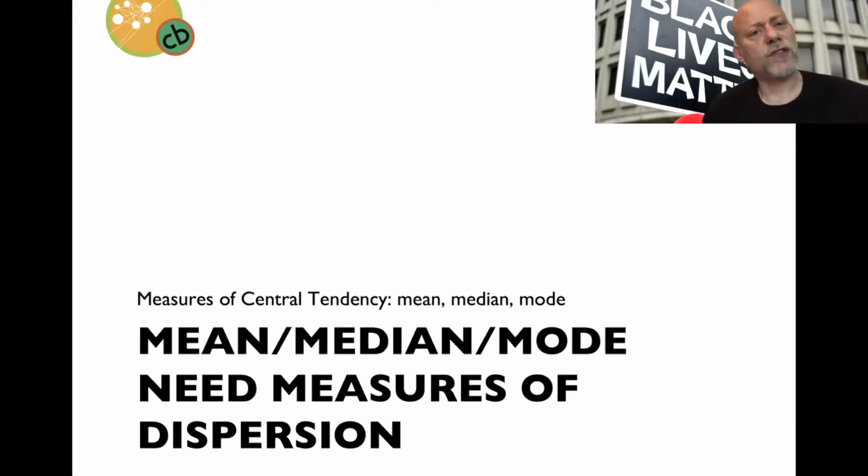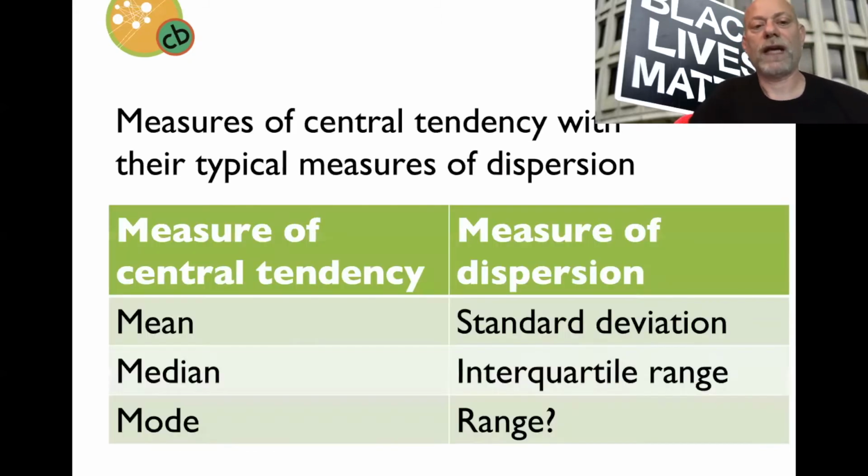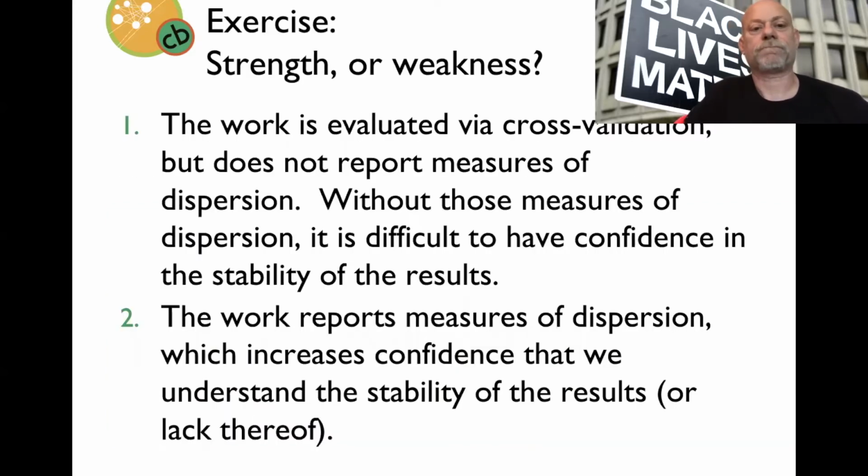If you're seeing something like evaluation by cross-validation, if you don't remember what that is, no problem. Just remember that it's a way of evaluation in which you take multiple measurements. You can report the mean if the data is normally distributed, or the median, but you need to have a measure of dispersion that goes along with that. And there are typical ones for the different measures of central tendency.